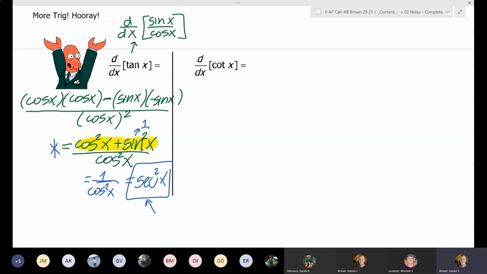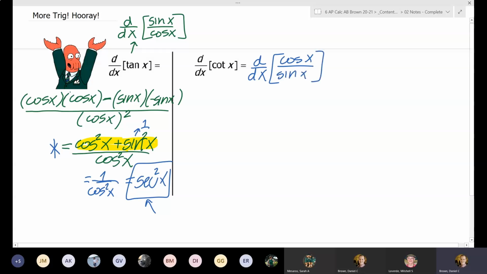To close out class, go ahead and see if you can find a formula for the derivative of cotangent, doing it the same way we did that problem. That will also just be a good review of you trying the quotient rule yourself. So again, I'll get you started. Cotangent is cosine over sine.